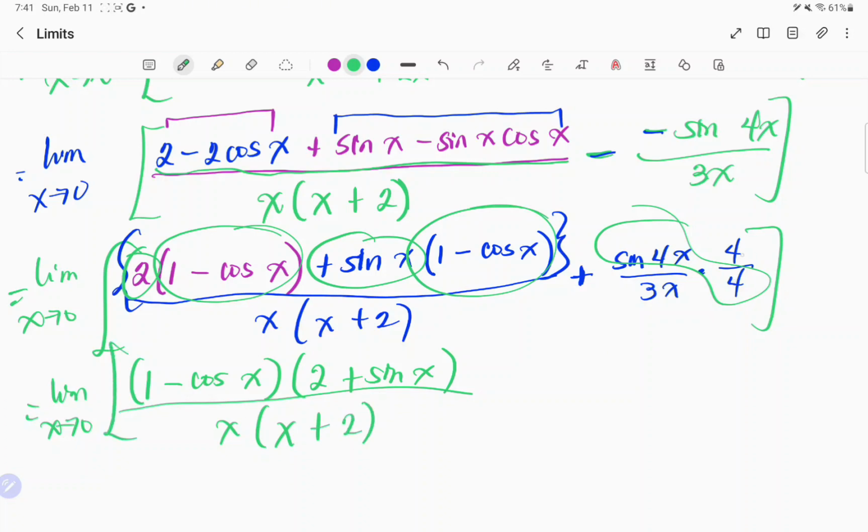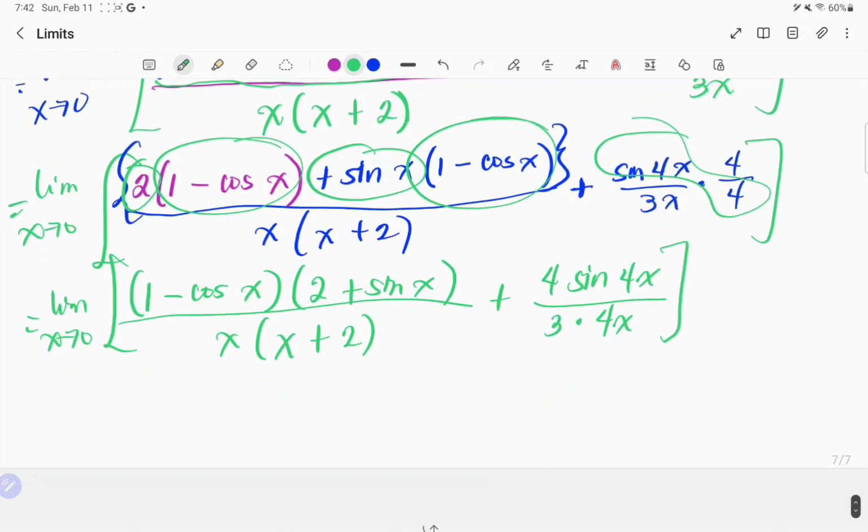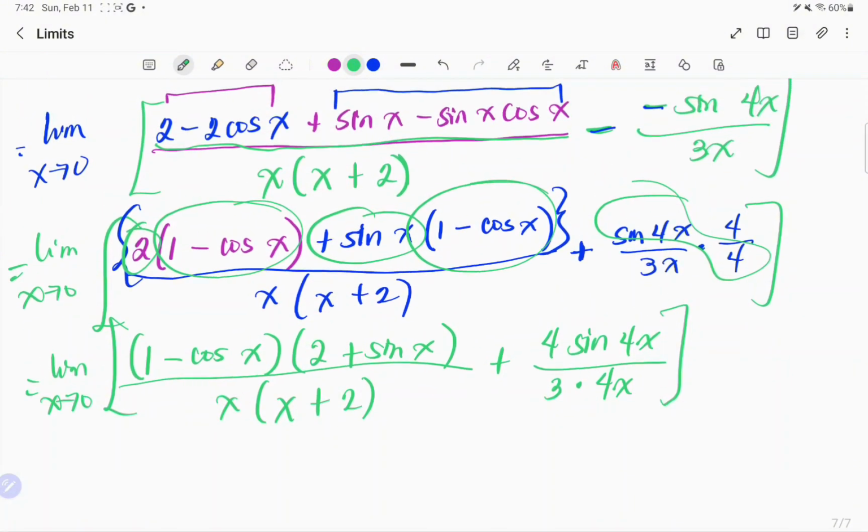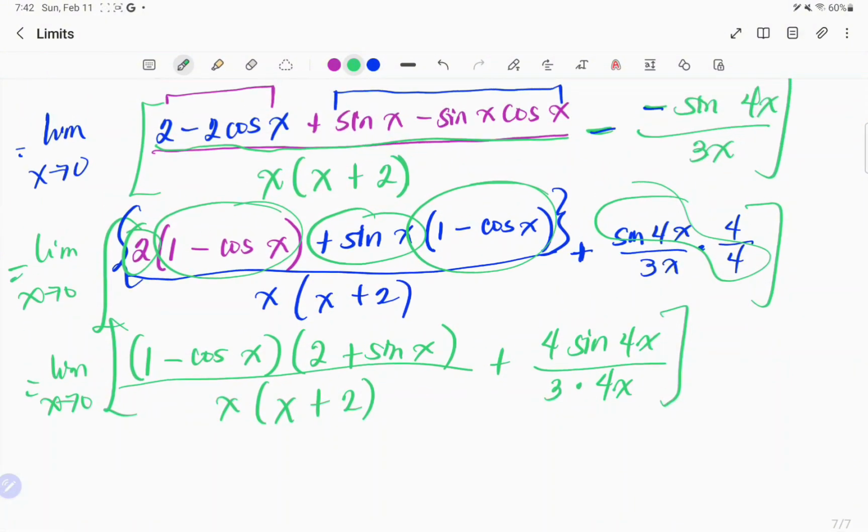Now what we have here on the other side will become plus 4 sine 4x over 4, over 3 times 4x. The numerators and denominators of these two values are now balanced.